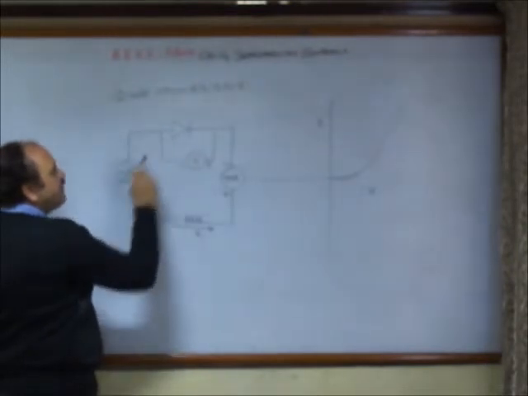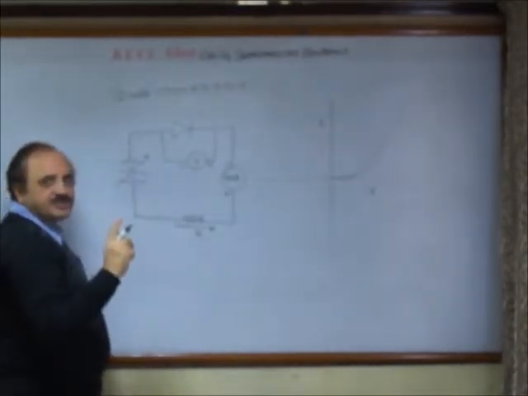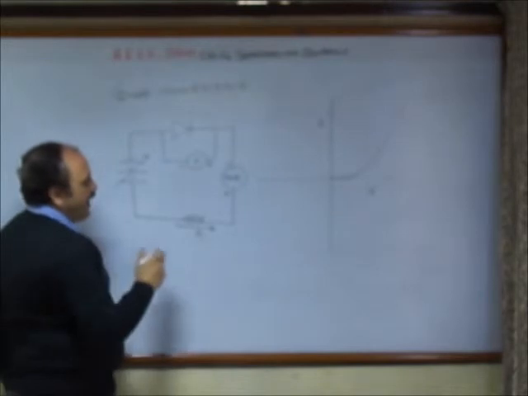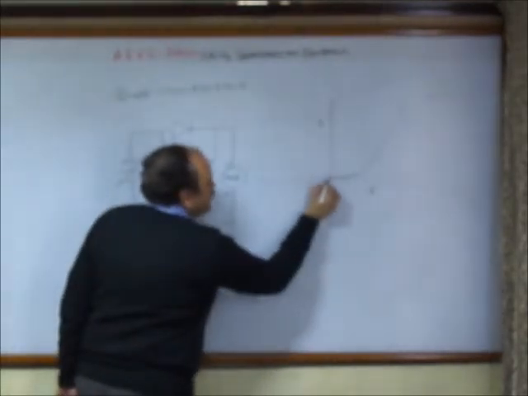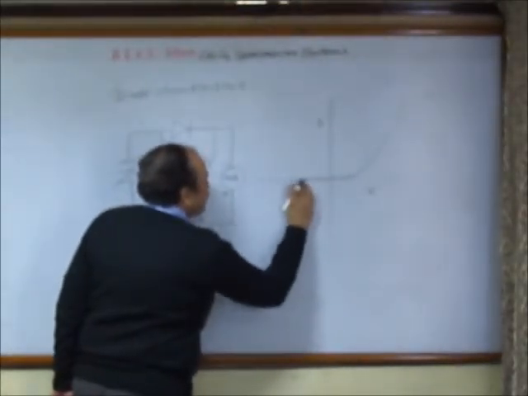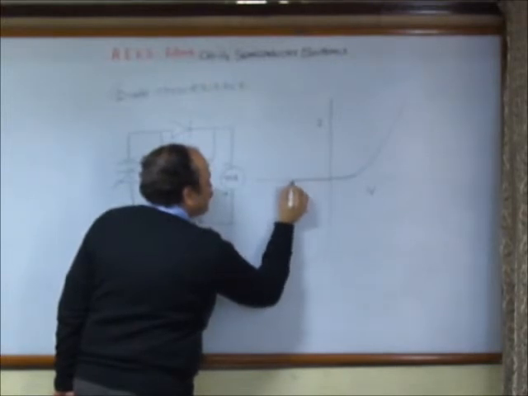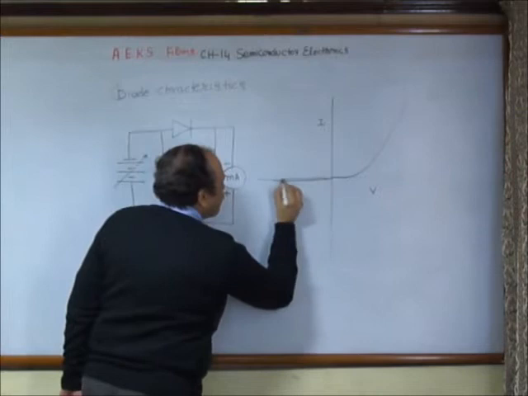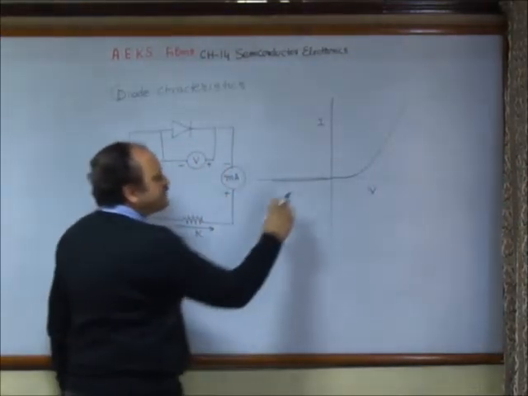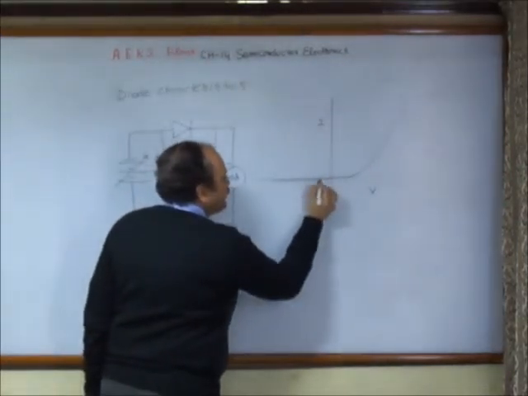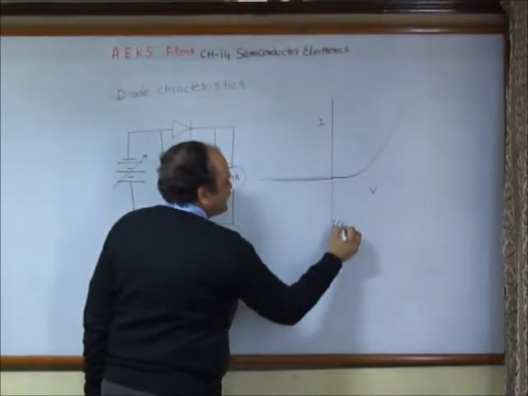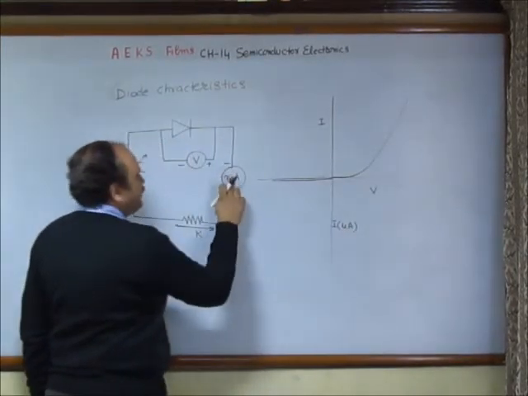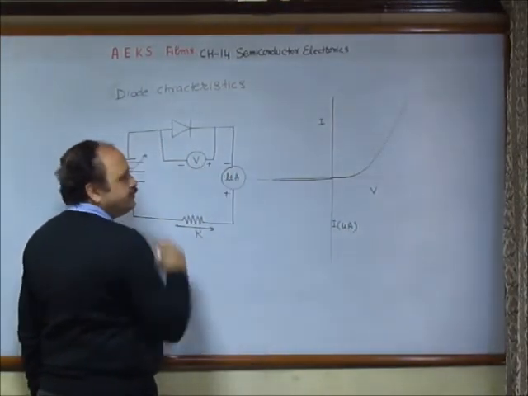But this is mainly governed by the minority carriers as I discussed with you, and when we draw it, we get a curve of this type. We have a very small amount of current in the reverse biasing, which as I told you is of the order of microampere.